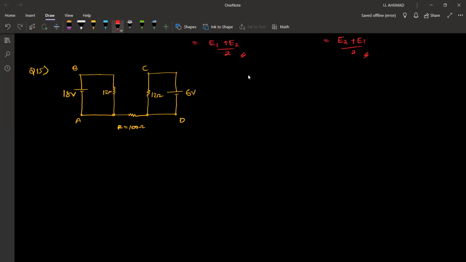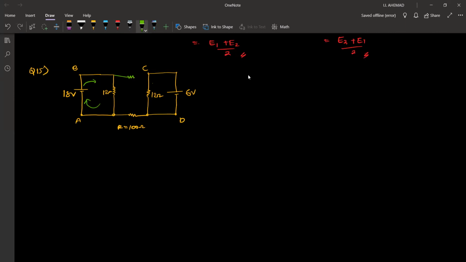No, because just think, there is one very important thing. The amount of current leaving the battery should enter the battery. If some current flows through this resistor, then there is no way back to come here. So across this resistor, you won't have any current flow.